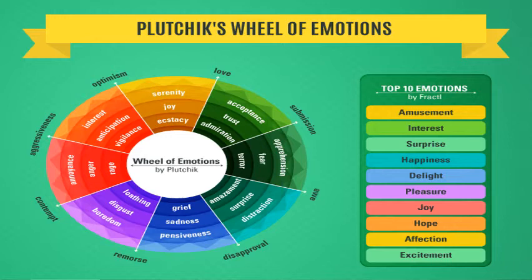And the outer circle are the emotions with mildest intensity: annoyance, interest, serenity, acceptance, apprehension, distraction, pensiveness, and boredom. Another emotion is created as a result of the combination of two basic emotions. So that is Plutchik's wheel of emotions.